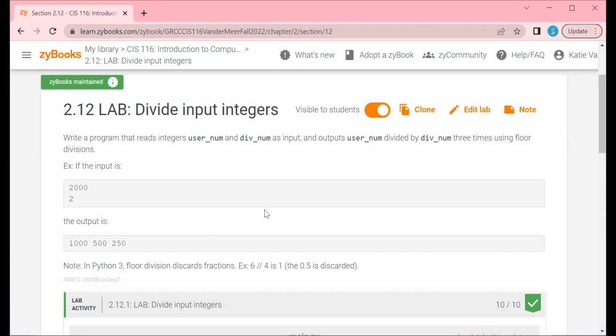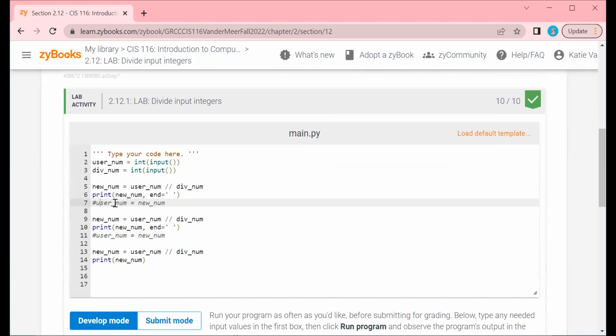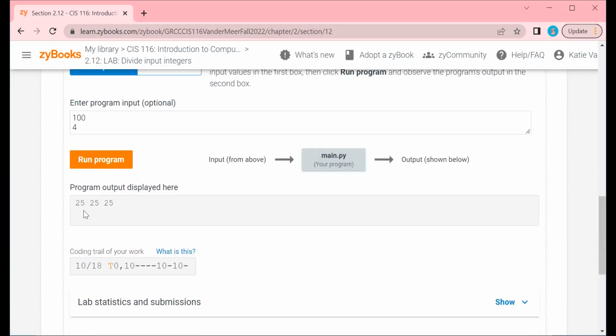What I wanted to show you here is if I didn't reassign user number with the way that I coded it, and user number was set to 100, and I print the new number, I'm just repeating my code over and over. So my sample output is 25, 25, 25.